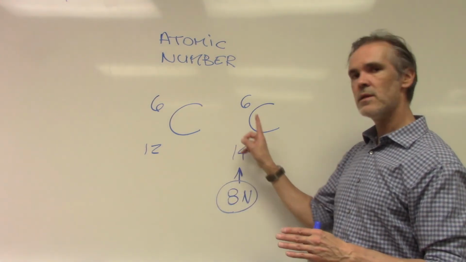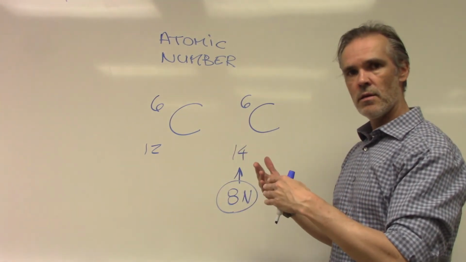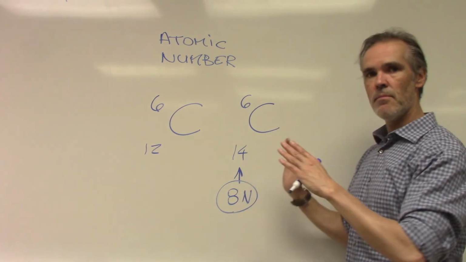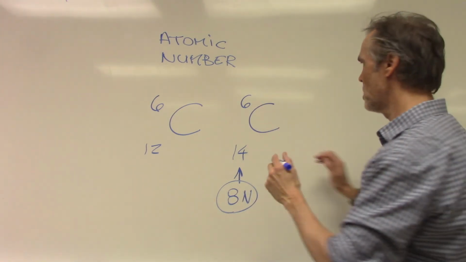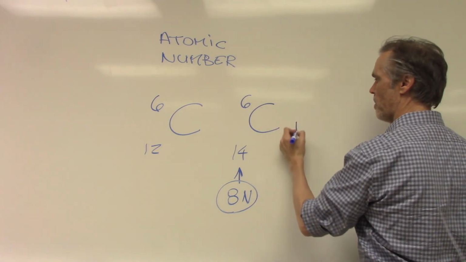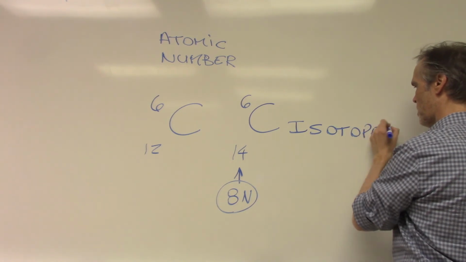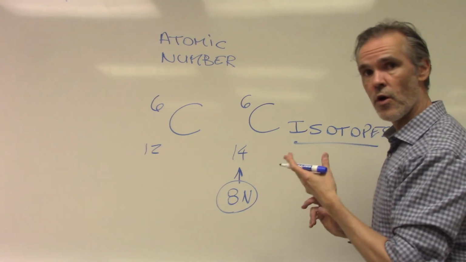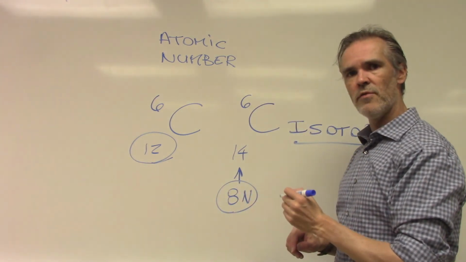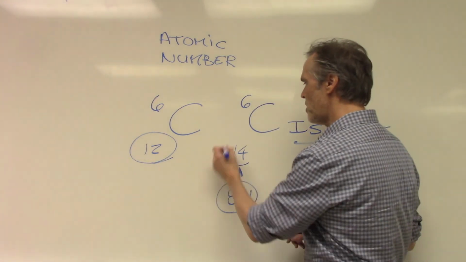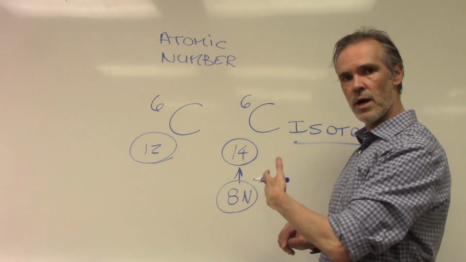When we have atoms like this that vary by the atomic mass, we call these isotopes. Isotopes. So, carbon 12 is an isotope of carbon. Carbon 14 is an isotope of carbon as well, right?